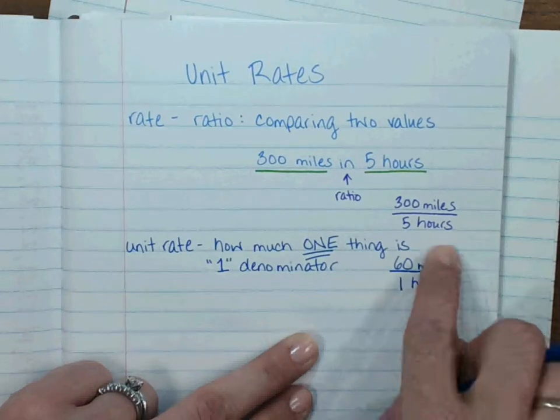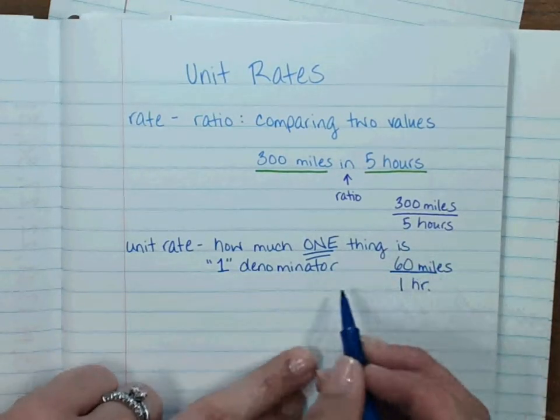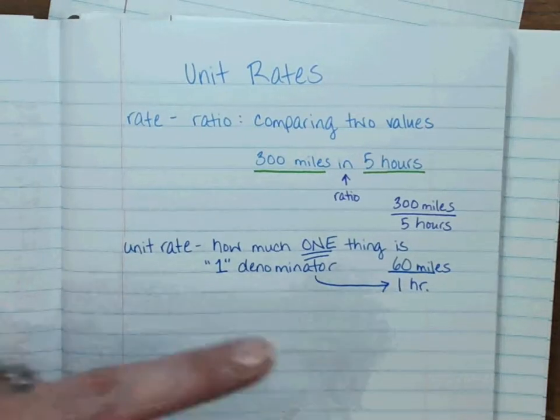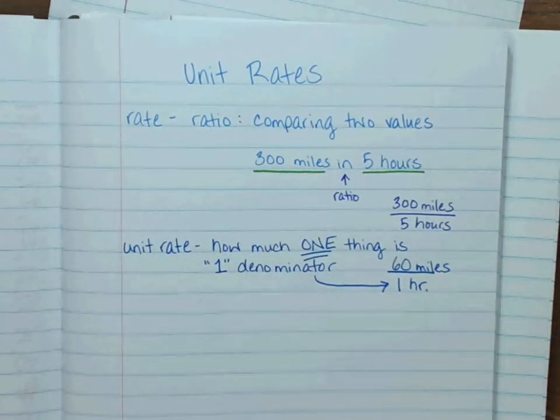This is a unit rate because it has a 1 in the denominator. You also may see that called 60 mph. mph is miles per hour, which you can also say for this bar right here.